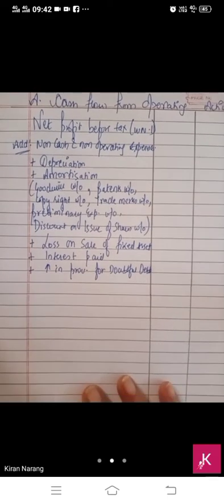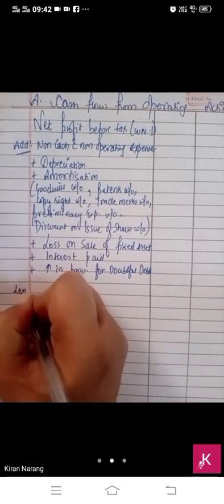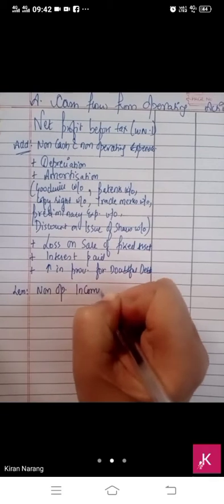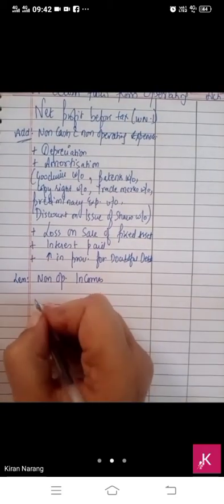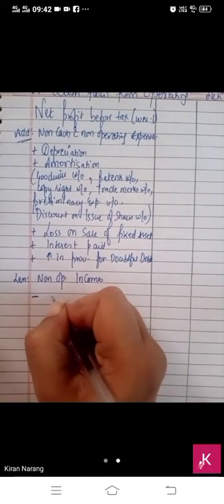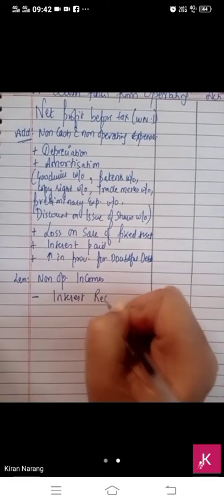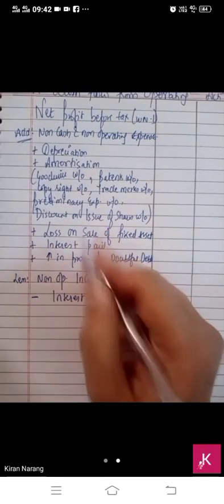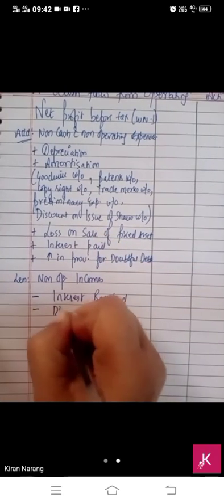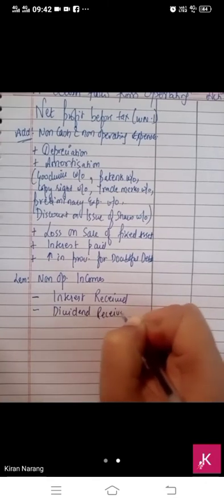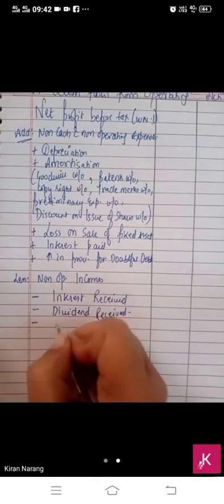So certain non-operating incomes will be subtracted, like interest received. If you have paid, you will add. If you have received, you will subtract. Dividend received. All non-operating incomes will be subtracted. We just have to take the operating incomes.